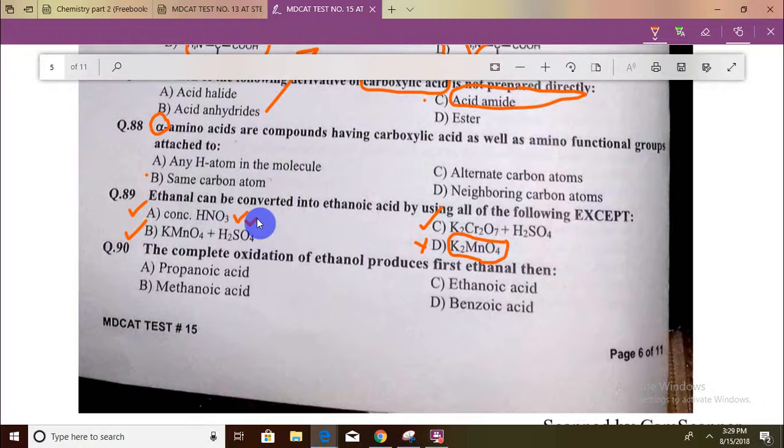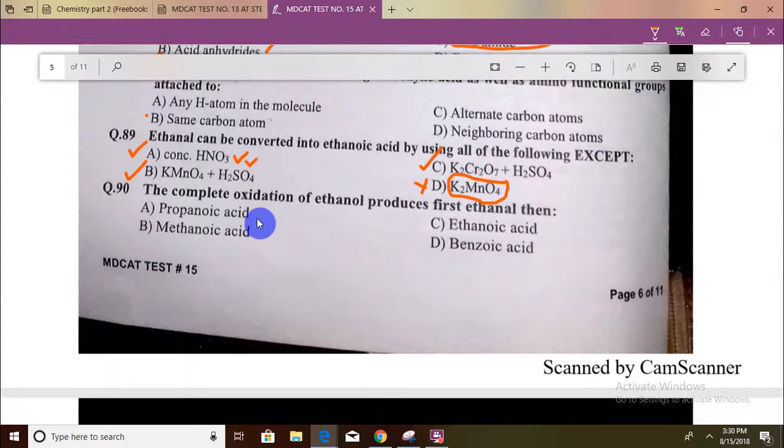And yep, my apologies, it's actually HCl followed by HNO3 followed by H2SO4. That is the order that they follow. So it's the second strongest. So the complete oxidation of ethanol produces first ethanal, then ethanoic acid.